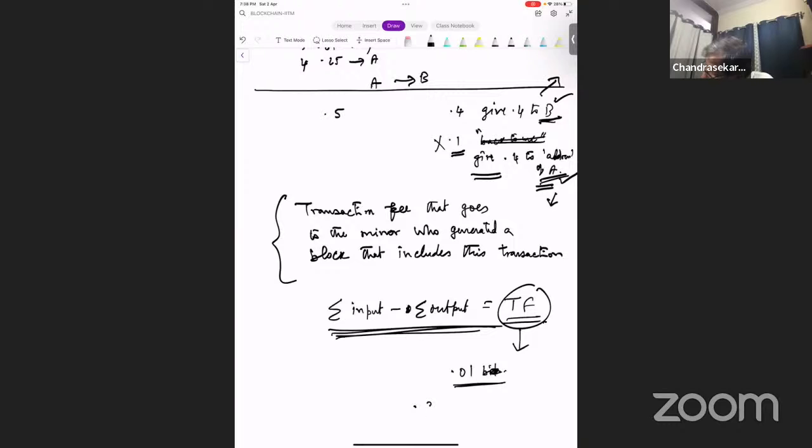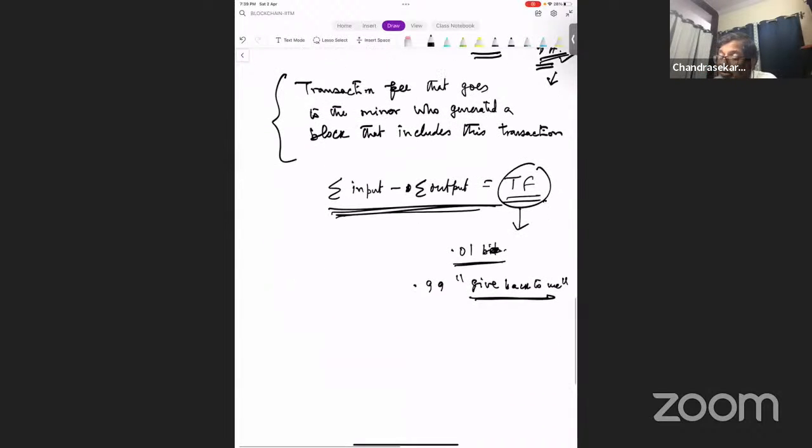Take only 0.09, give back to me. So your input is 0.5. Your output is 0.4 to B, and 0.09 back to me.